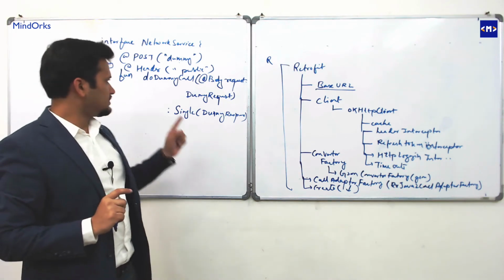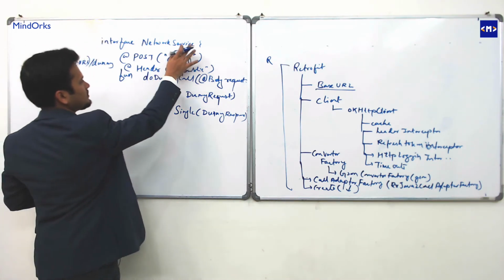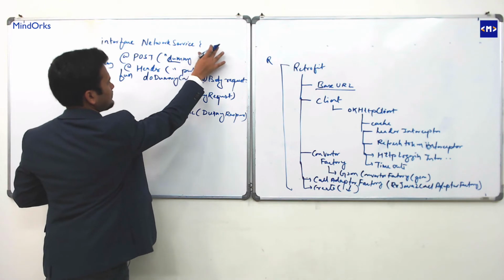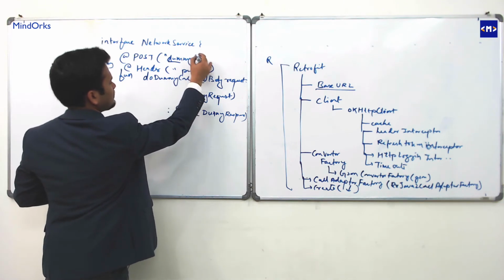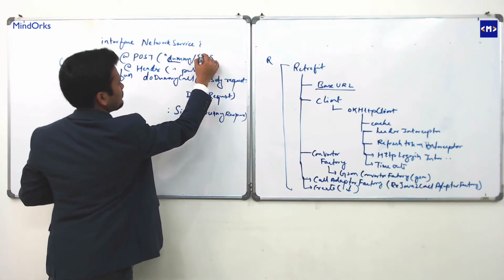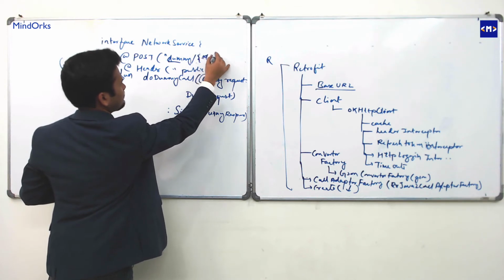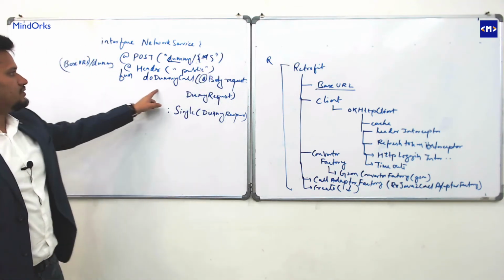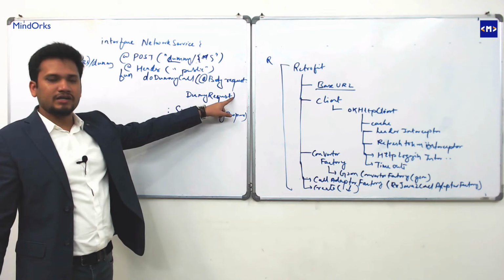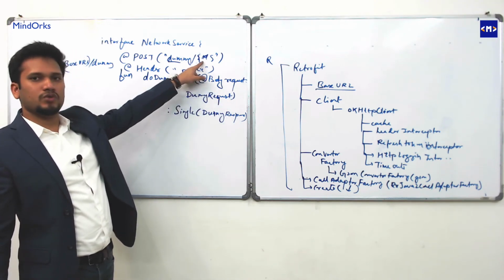There are a few more things here. Suppose this dummy is configurable, for example, something like we want to name it ID. For example, we want the ID which I provide into this function to go into this URL.